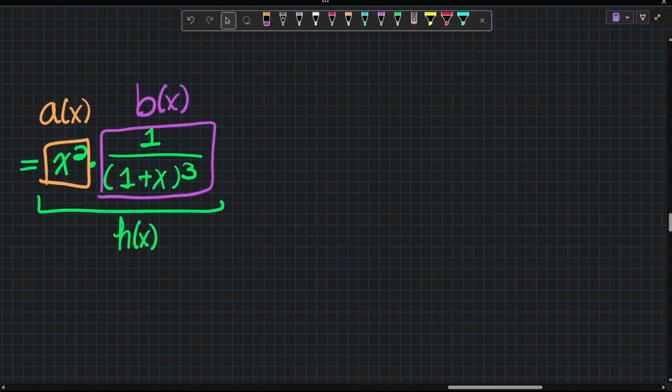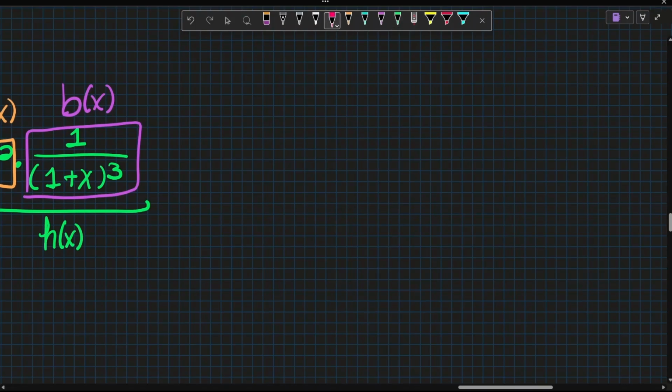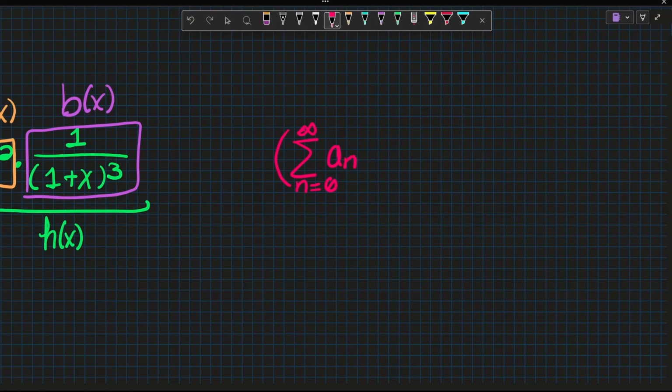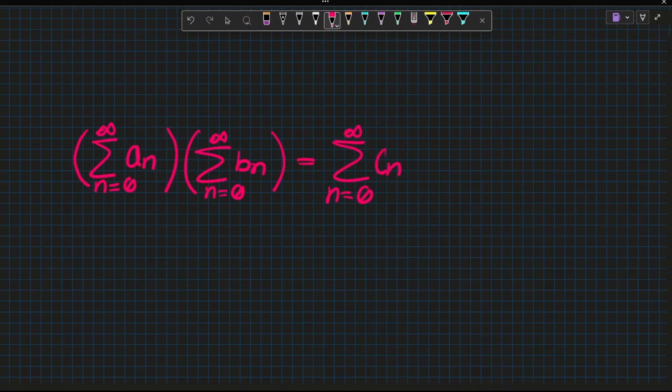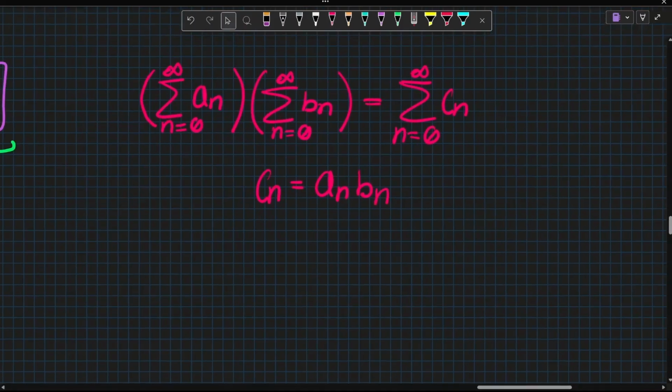Okay, now the special property of series is that if you had the product of two summations, so like n equals 0 to infinity of a of n times the summation of n equals 0 to infinity of b of n, you'll get a new series, which we'll call c of n, but this c of n is defined as the product of a of n, b of n, right?